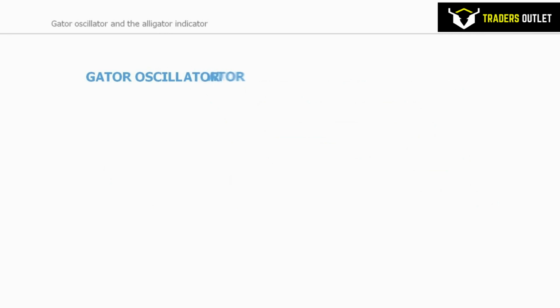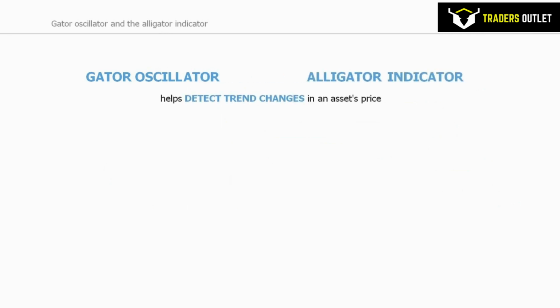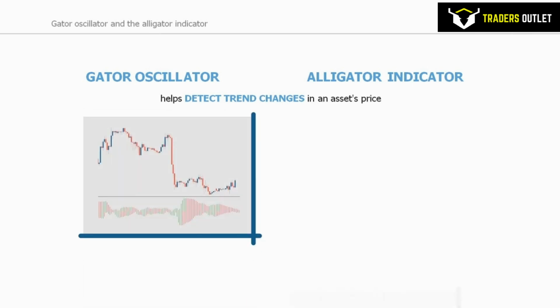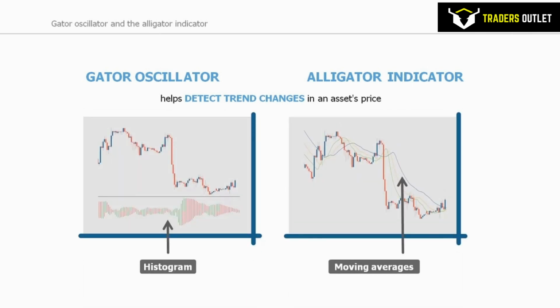The Gator Oscillator is very similar to the Alligator indicator in that it helps detect trend changes in an asset's price. The main difference between the two is that while the Alligator uses moving average lines, the Gator uses a histogram.